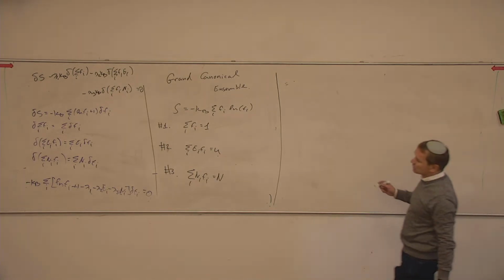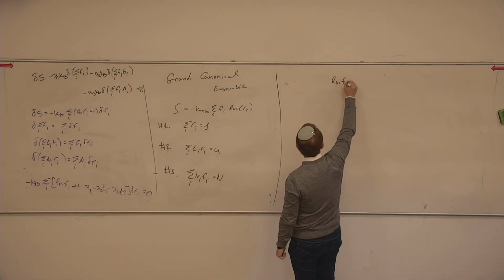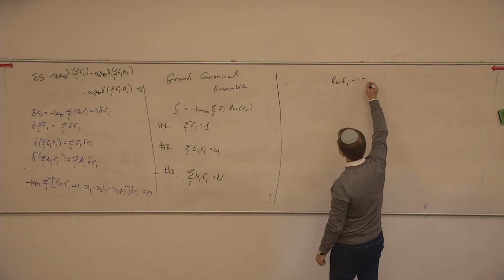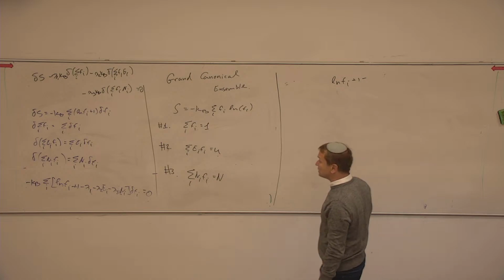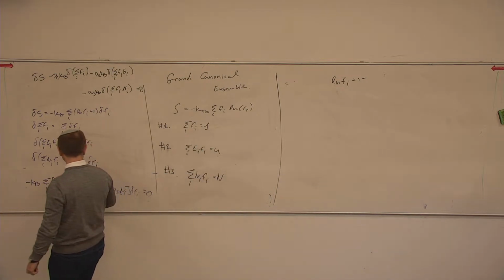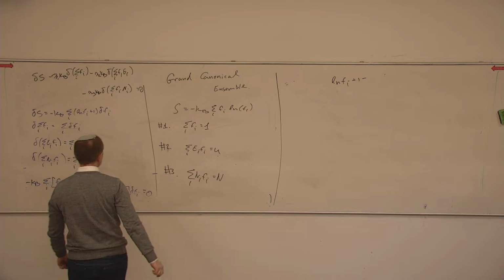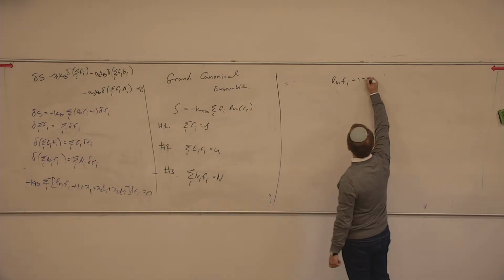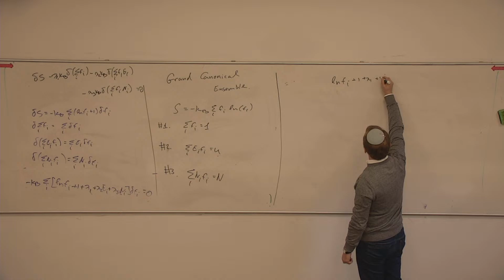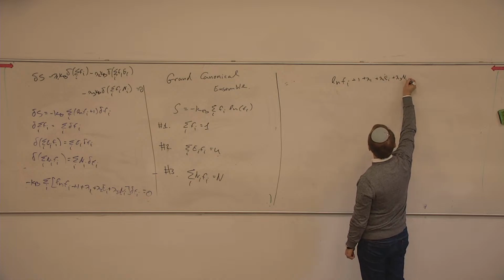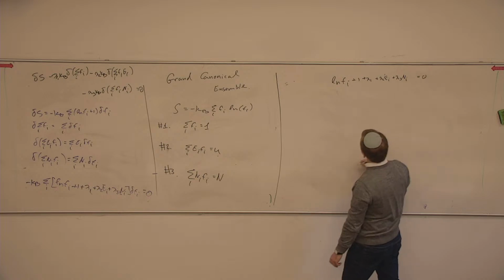So we have our equation, log of Fi plus 1, minus, oh, it's a plus, plus lambda 1 plus lambda 2 EI plus lambda 3 NI equals 0.